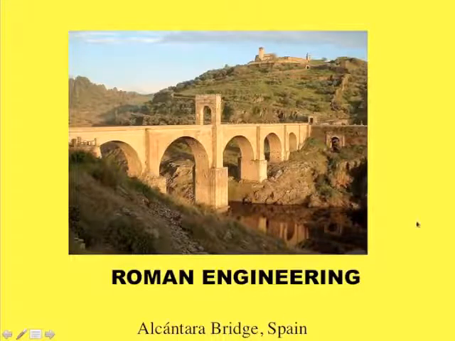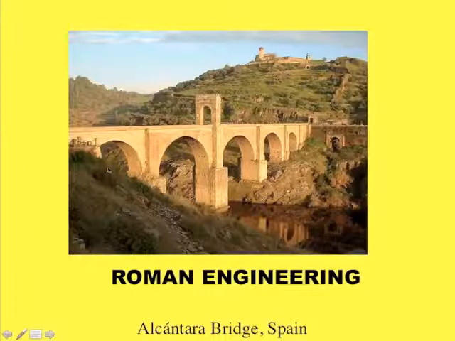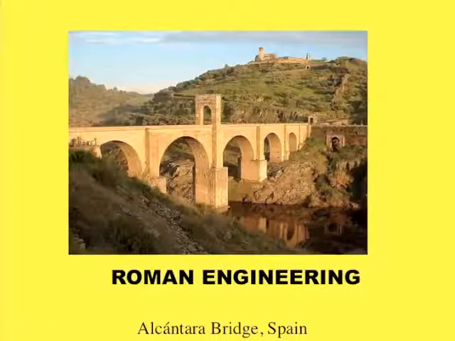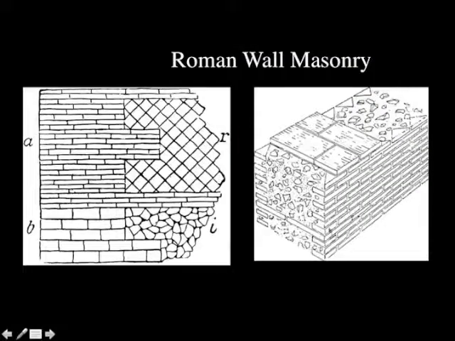So this is a bridge in Spain, and the Roman Empire extended all over Europe and North Africa. Amazing scale, huge thing. And it's accomplished by means of not simply understanding the geometry of the arch and its ability to bear loads, but also developing new building materials like concrete. Here's a Roman wall, for example.